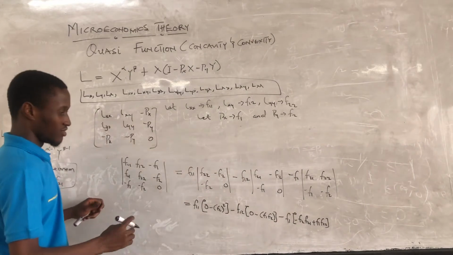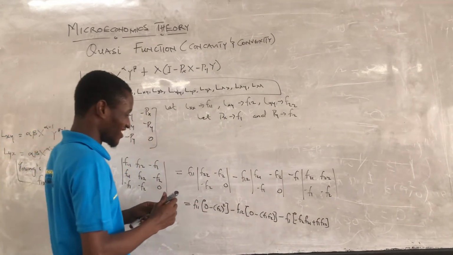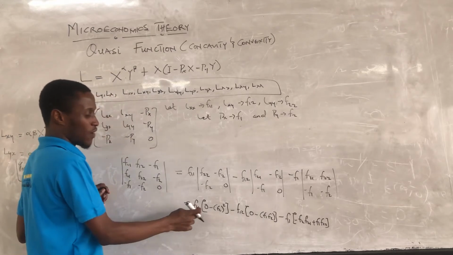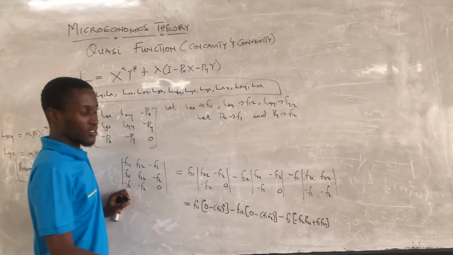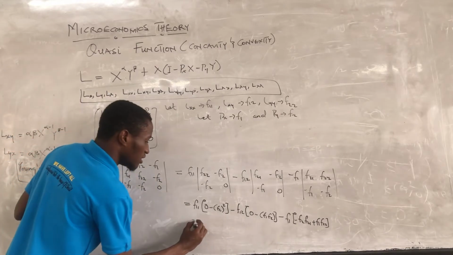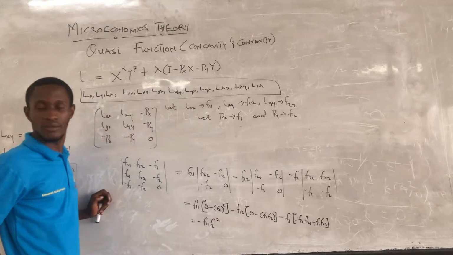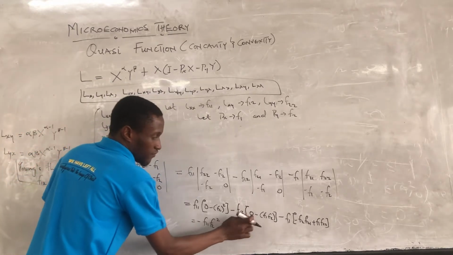So it seems this thing is descending the mountain. So F11 times 0 gives me 0. Then F11 times negative F2 squared gives me negative F11 F2 squared. Then this negative times this gives me 0.